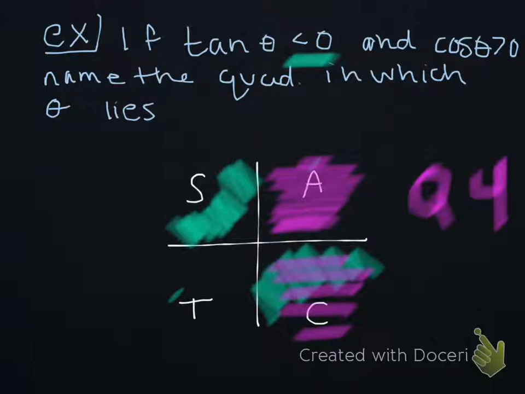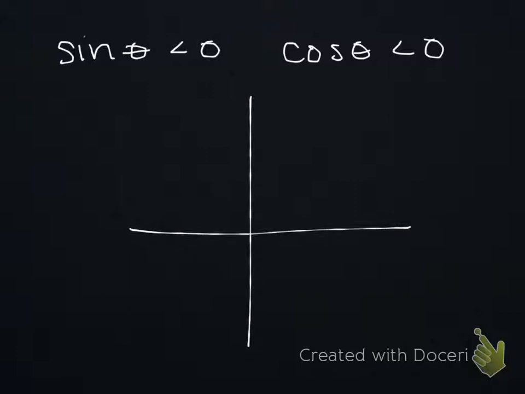So let's try another one. The scenario that's given now is sine of theta is less than 0 and cosine of theta is less than 0. So we have all students take calc, all surfers tan constantly, whatever. It says sine is less than 0. I know sine is positive in quadrant 1 and quadrant 2. But I'm not looking for where it's positive, I'm looking for where it's negative.